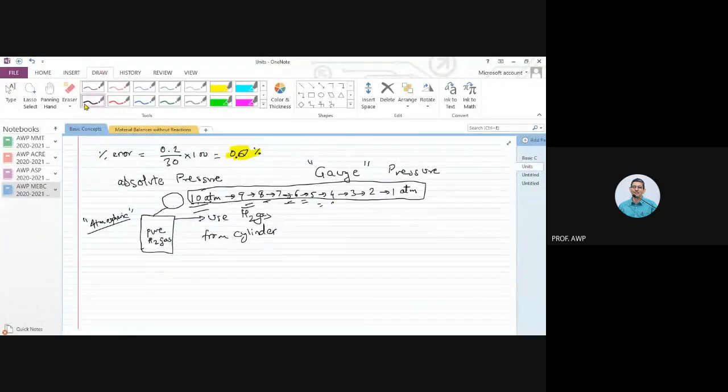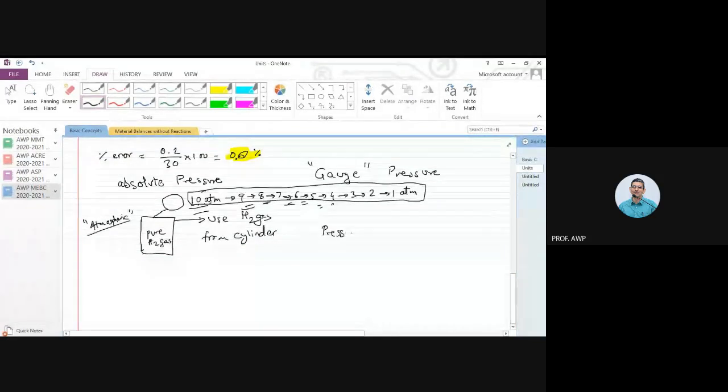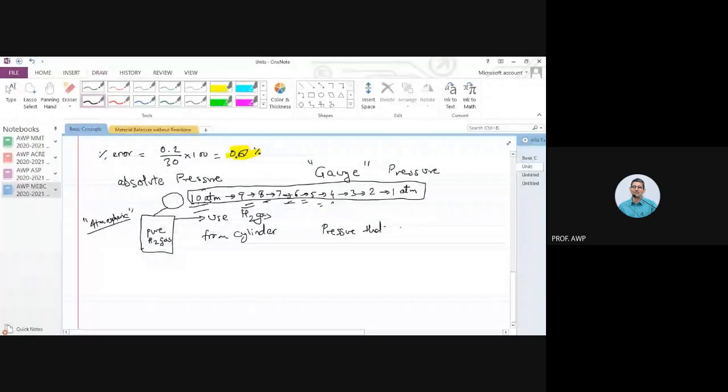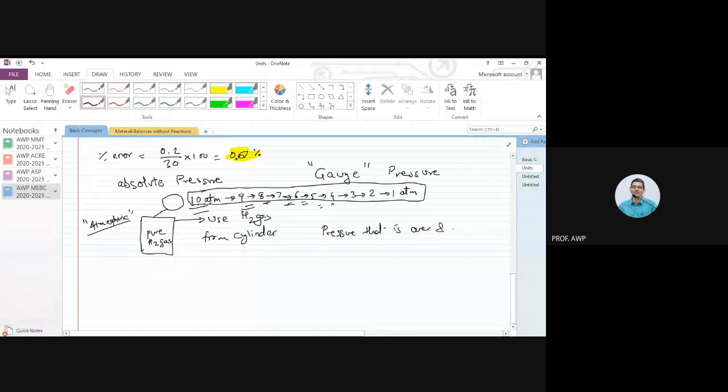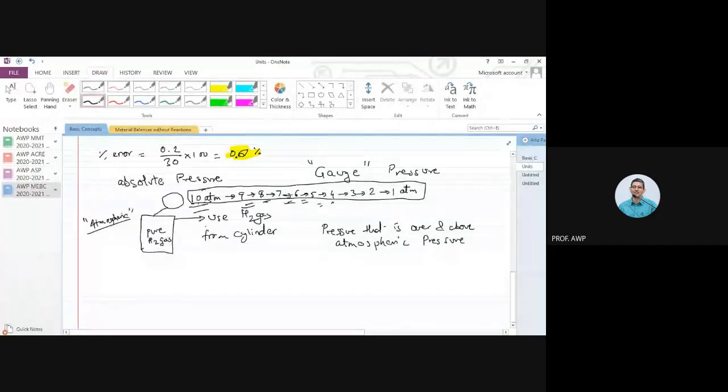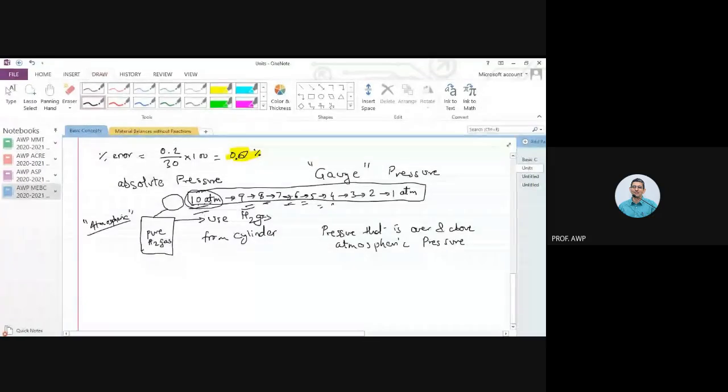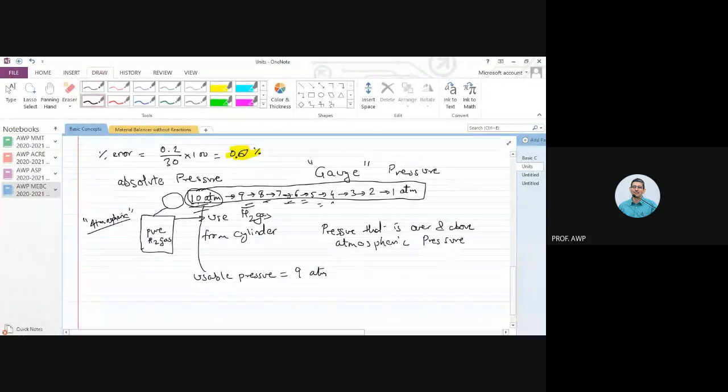What we should actually be talking about is the pressure that is over and above atmospheric pressure. So when the actual pressure, when the absolute pressure is 10 atmospheres, the usable pressure is just 9 atmospheres.